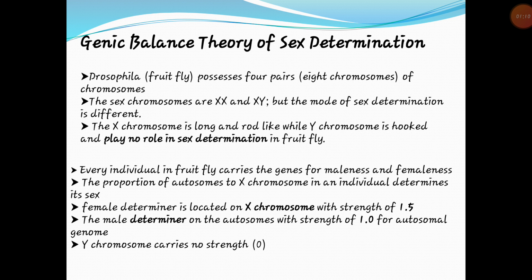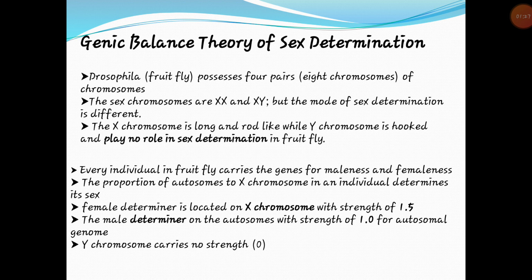The sex chromosomes are X and Y. The X chromosome is long and rod-like, while the Y chromosome is hooked, and unlike in humans, the Y chromosome does not play any role in sex determination of a fruit fly.